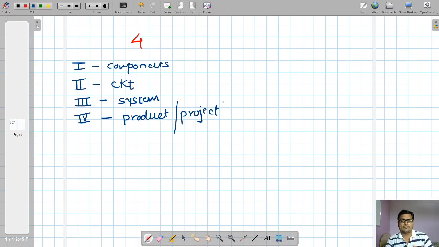Now see, in circuits, network analysis is a subject and ACD is the subject where you will study complete core circuits as well as components. Out of these 2 subjects, I'm handling one of them, that is analog circuits and design 1.